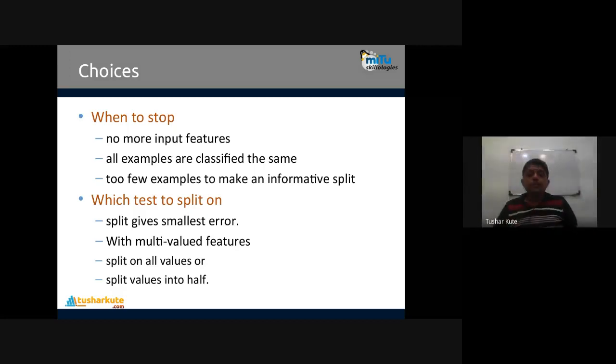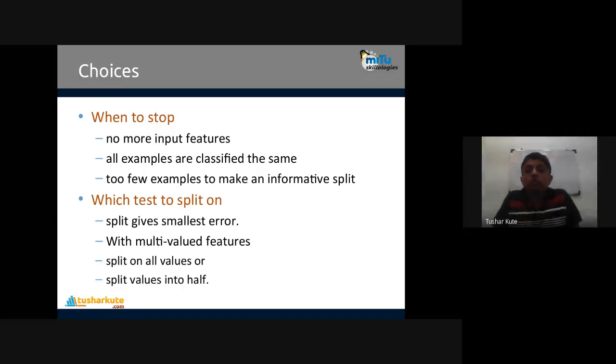And second, which test to split on? Where to split, or what to split on? Use the smallest error. When you perform a split on a feature, if it generates the smallest amount of error, that will be chosen.